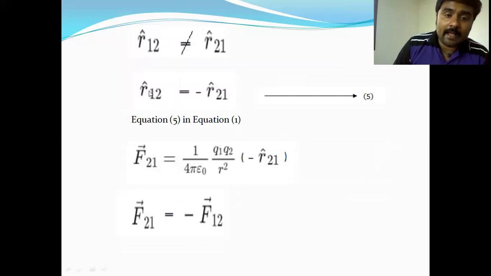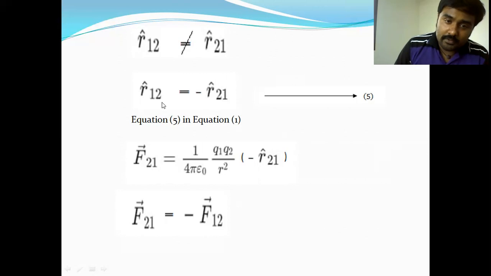But R12 cap is equal to minus R21 cap. The negative sign indicates that R12 cap is opposite to the direction of R21 cap.